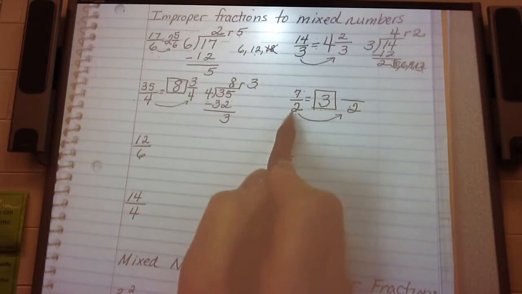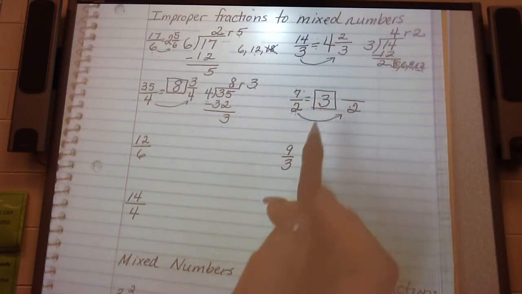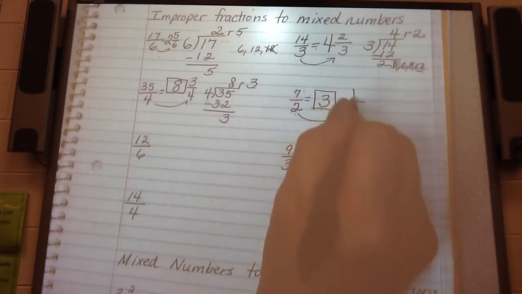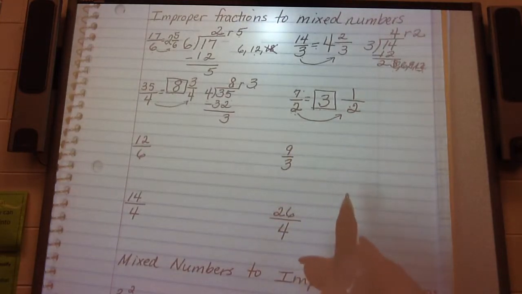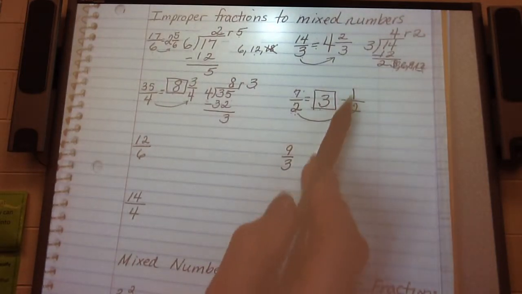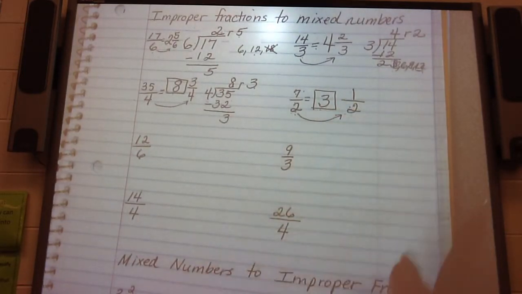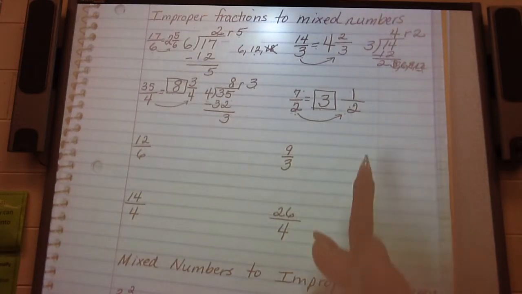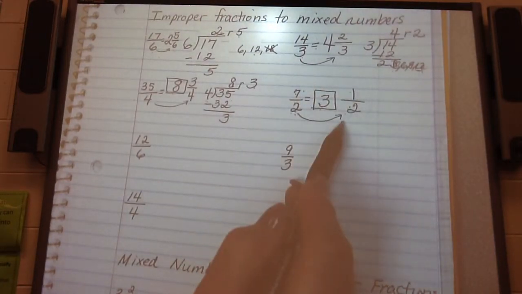So if I used up 6 of the 7, that would mean I have 1 left over. And that's going to be my numerator. Now, that works out great because this one is nicely done. It's a simplest form fraction, so I'm all done: 3 and 1 half.